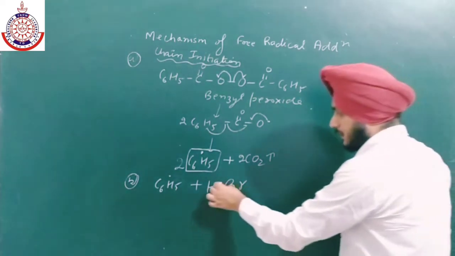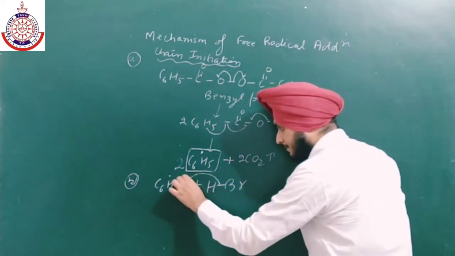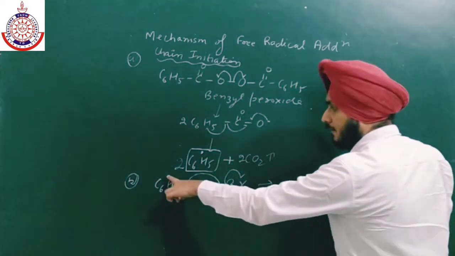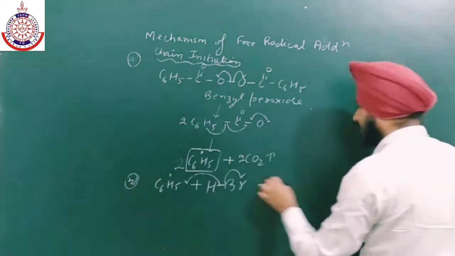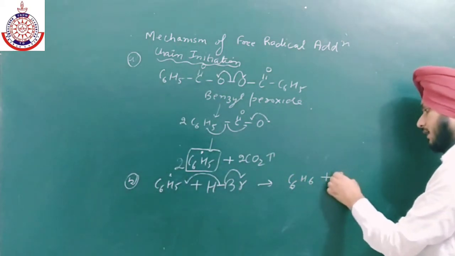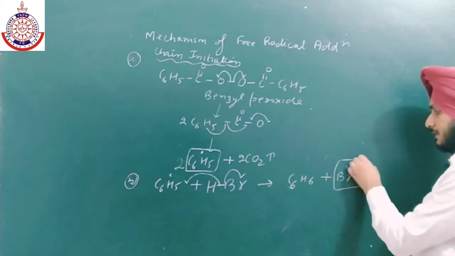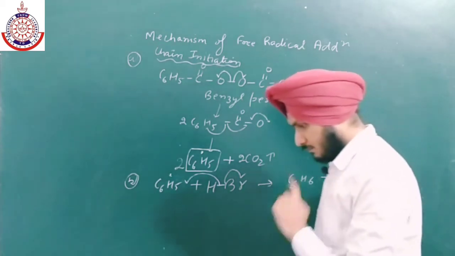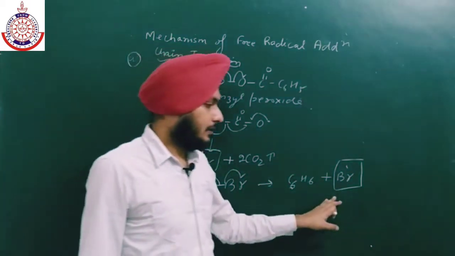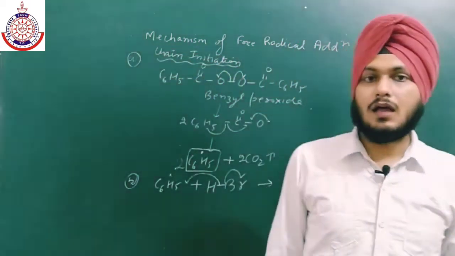So now this bond will cleave, homolytic cleavage, and we will get hydrogen and one electron from this. So we will get C6H6 as the byproduct, and now the radical is generated, Br radical, and this radical will react with the alkene.